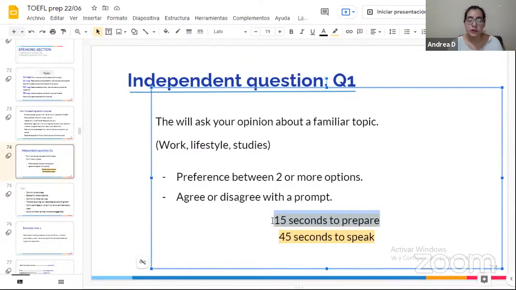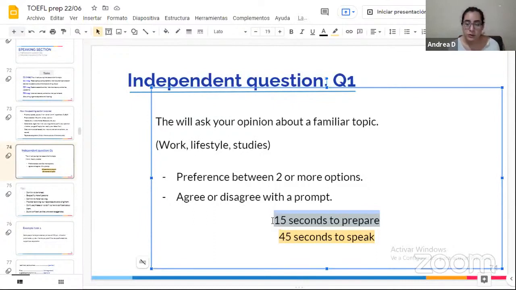Remember that they don't record anything outside those 45 seconds. So if you run out of time, or if you start speaking before the time, it's going to be a problem. That's not going to count. So you got to be real careful with this. The good thing is that they let you know: you can start speaking after the beep, and then you hear a beep and you can start speaking.